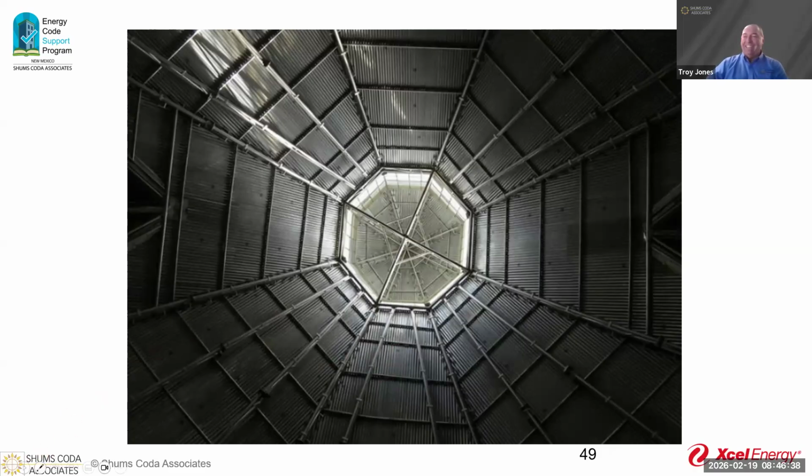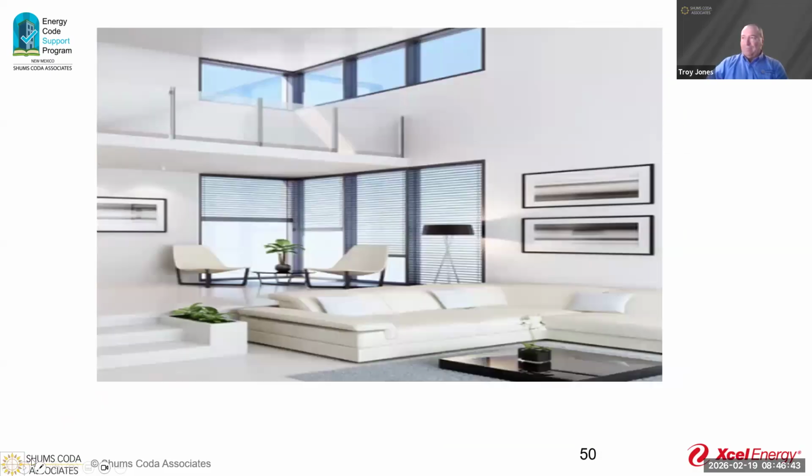I like it. Let's take a look at another one here. So, would we require lighting controls in this apartment complex, on the fifth floor of the building? Give a little background on this one: fifth floor of the building.